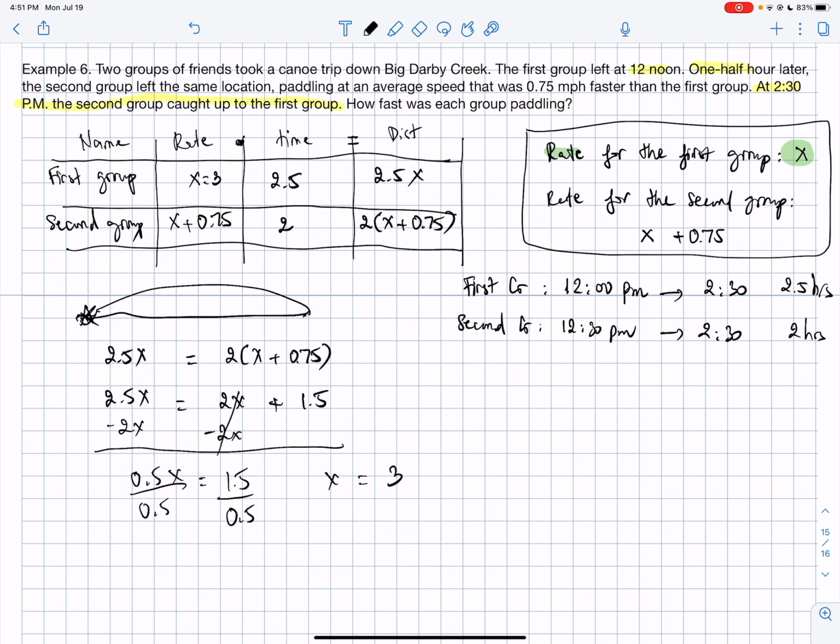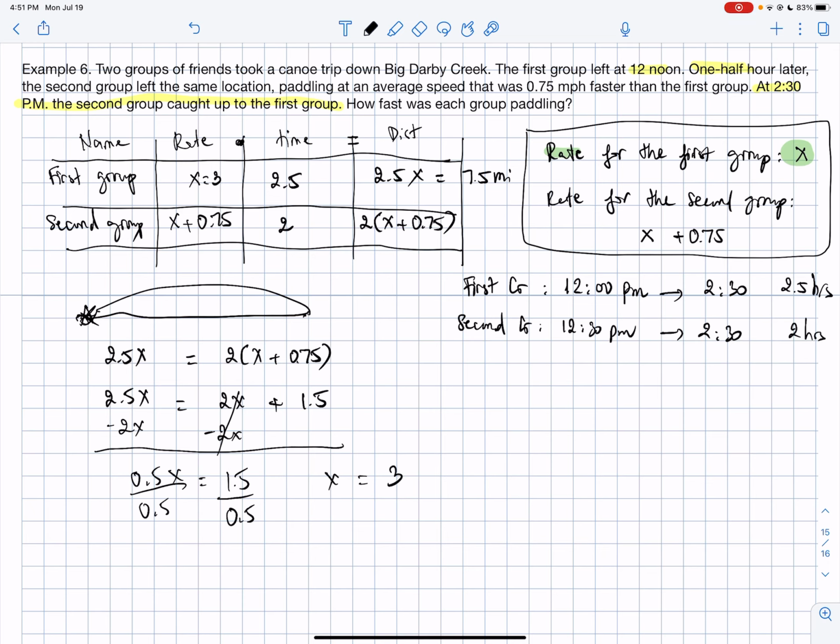If they travel for 2.5 hours, then the distance that the first group makes is 3 times 2.5, which is 7.5 miles. Now let's calculate the second group.